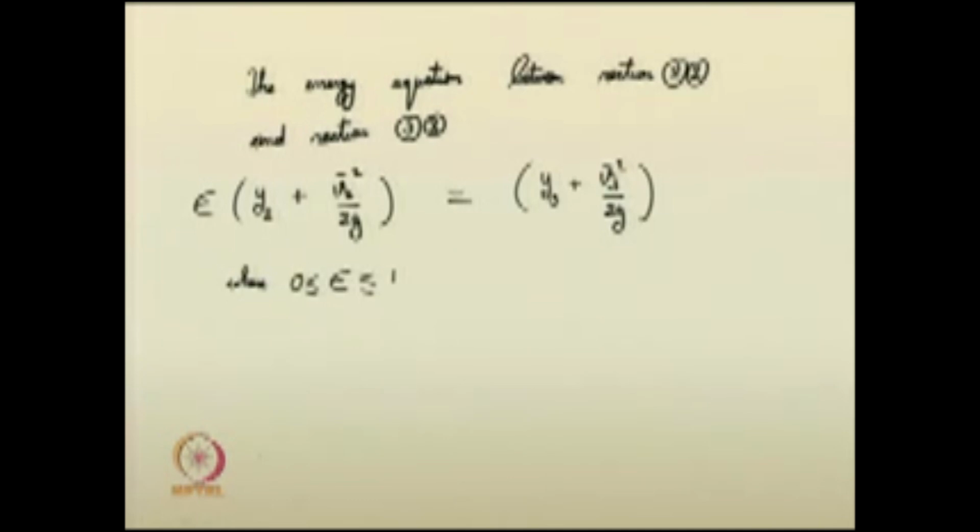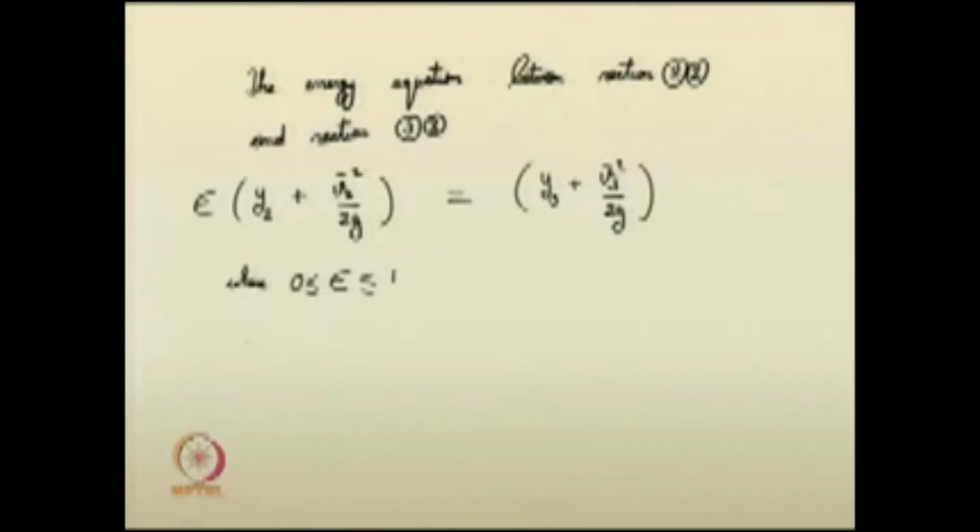using the continuity equation, as we have developed in terms of the fluid number, and incorporate it here. We will see that I can simplify the entire quantities: epsilon into y 2 plus v 2 squared by 2 g is equal to y 3 plus v 3 squared by 2 g.